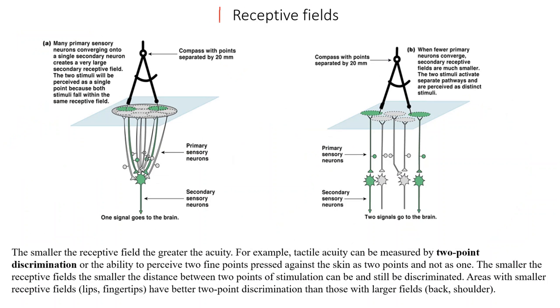Now we talk about receptive fields. Again, the smaller the receptive field, the greater the acuity. I'm repeating this because it's important. And here is an example to make you understand this concept.